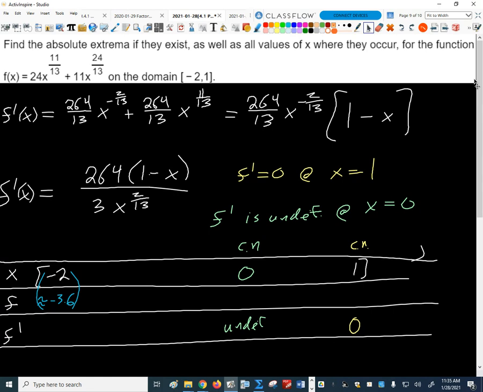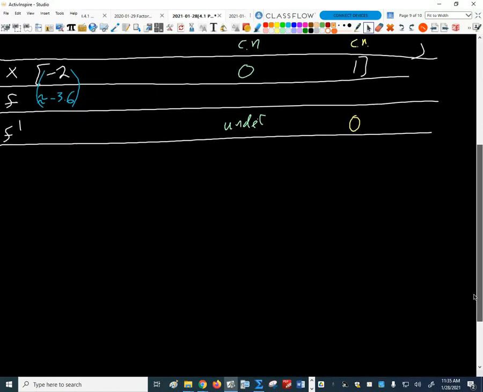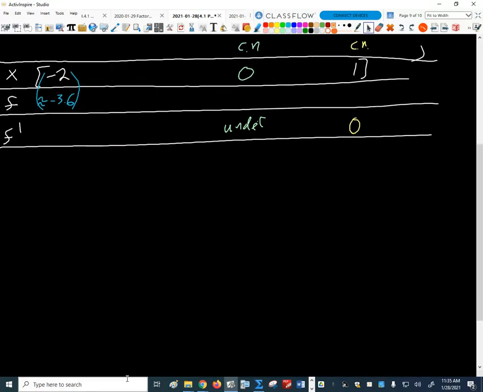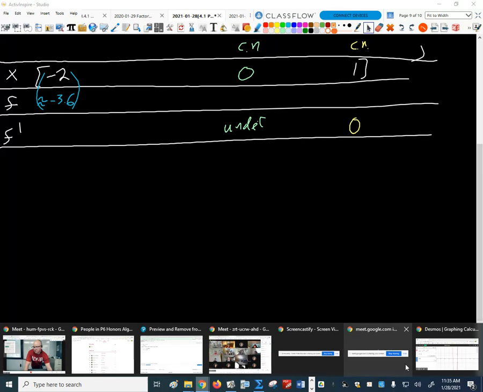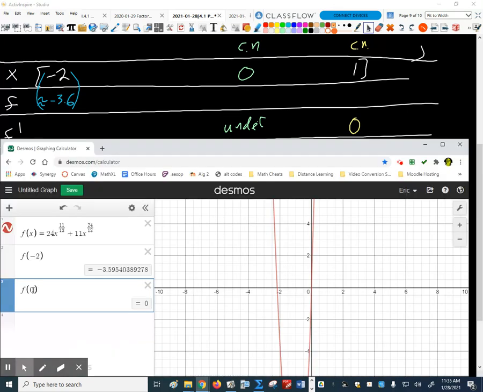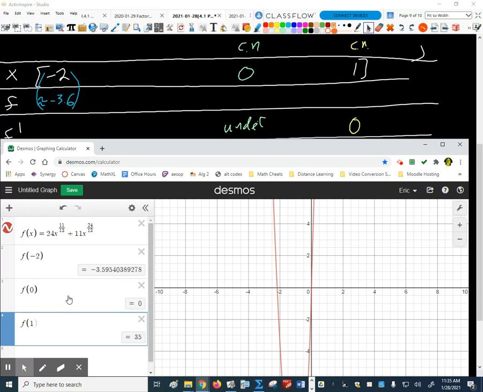What's 1 to the 24/13ths? 1. So we should get 24 plus 11. We should get 35, shouldn't we? What do you know? 35.